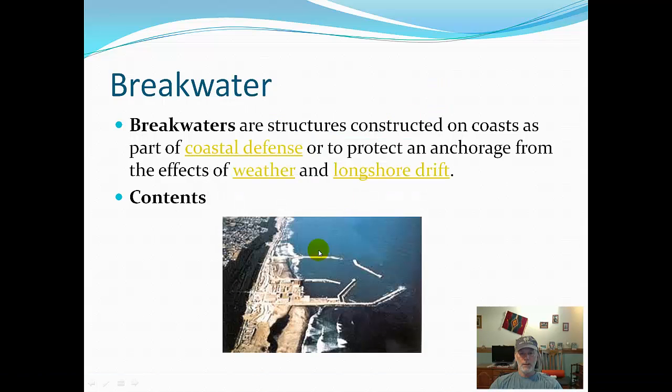Also, it gives it a chance. You put boats in here, protect a harbor, and you can see on this picture here, very little wave action going here, and quite a bit there. Next time you get out to Grand Haven or Muskegon or Holland, they have these breakwaters. Again, the water breaks on these structures.